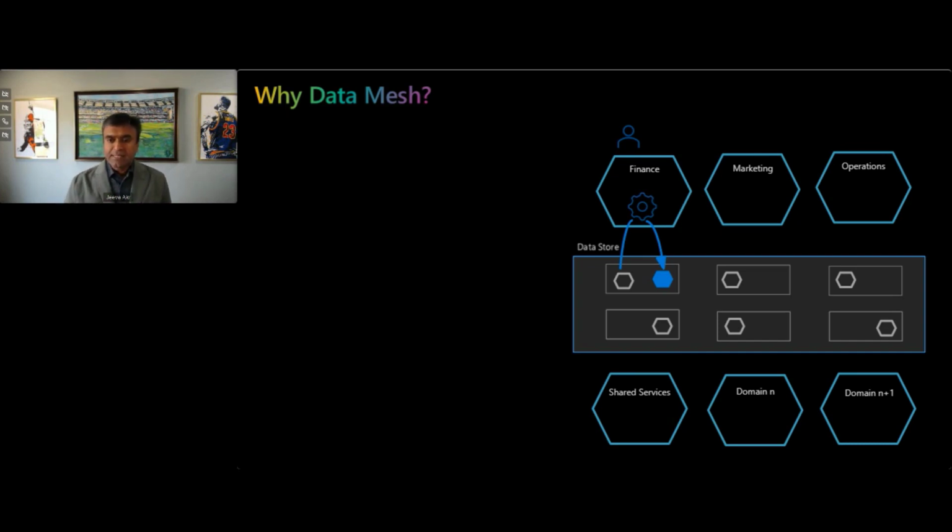And with that data, they can provide the data sets to marketing, which can work with that to amplify and bring in external data sets, like, for example, building a customer 360 to create a demography profile.